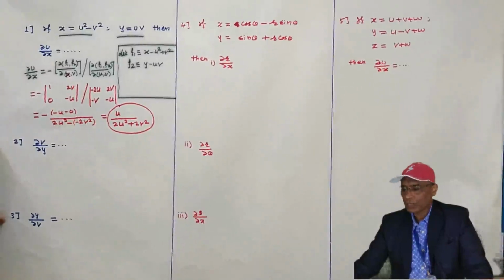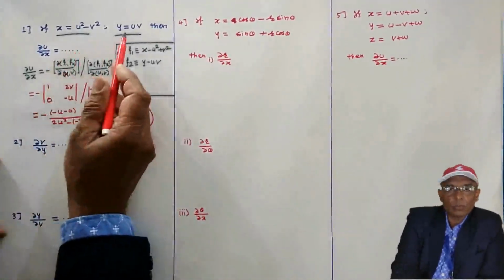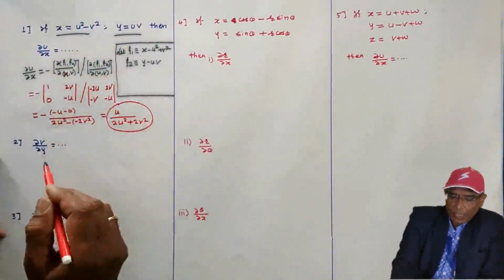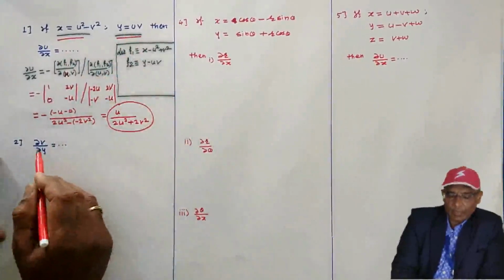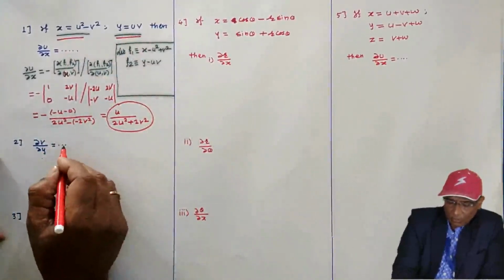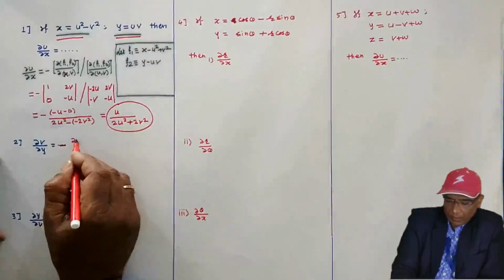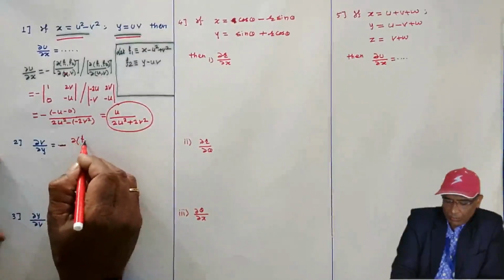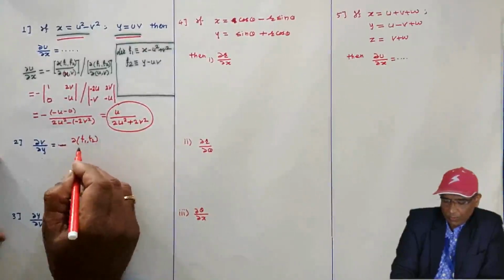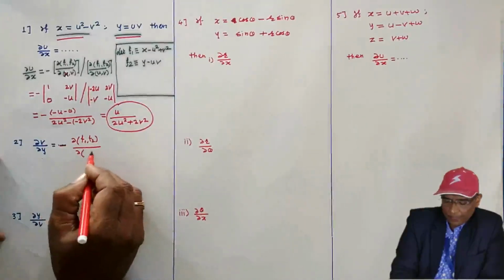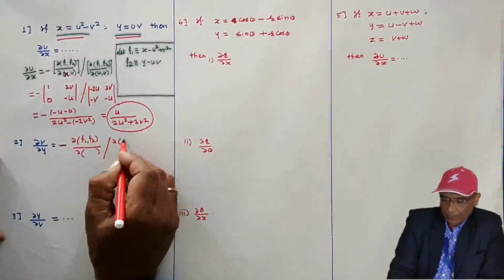Here two functions, these two equations, are given to you. From this again, I am going to find out del v by del y. So how do you write the formula for del v by del y? Minus del f1, f2, numerator Jacobian divided by denominator Jacobian.